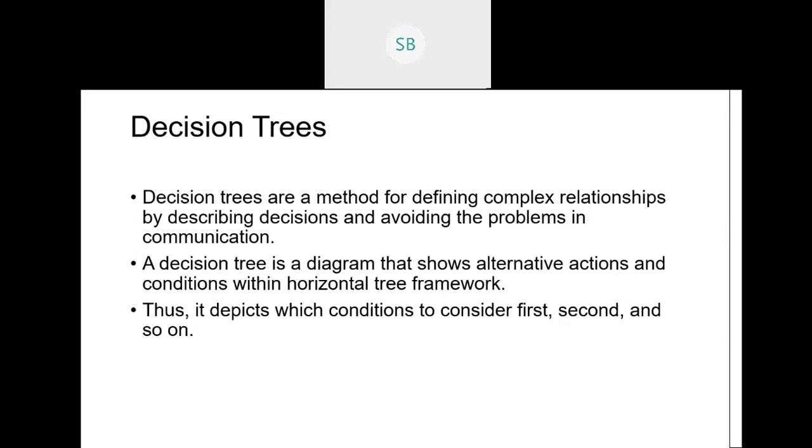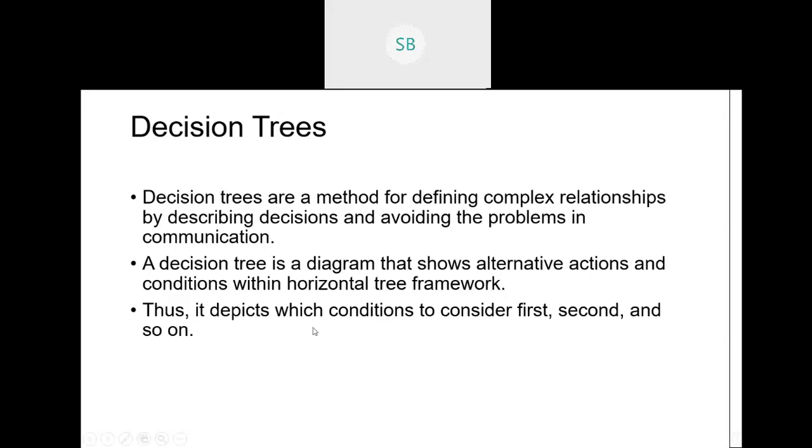Yes, students? Okay, let me answer. Whenever we go for the flowchart, we represent a decision using the diamond symbol, right? With that diamond symbol, one action is yes and one action is no. Similarly, a decision tree depicts the same thing.